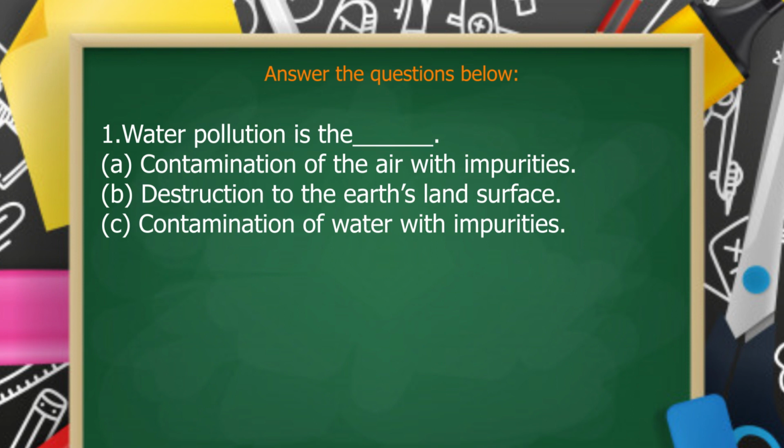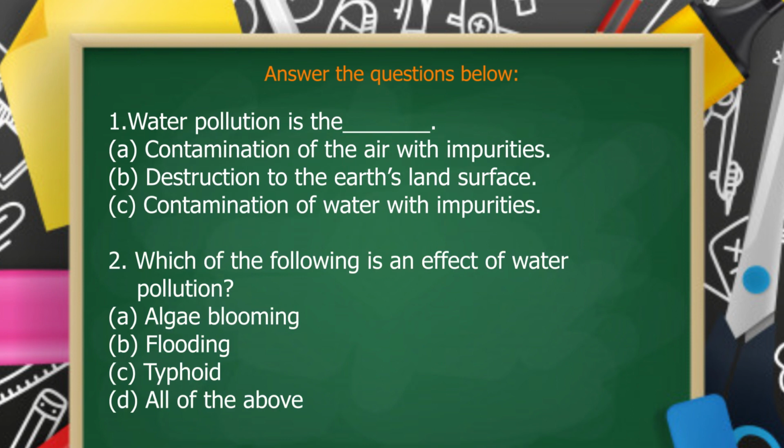Or C. Contamination of water with impurities. Number 2. Which of the following is an effect of water pollution? A. Algae blooming. B. Flooding. C. Typhoid. Or D. All of the above?